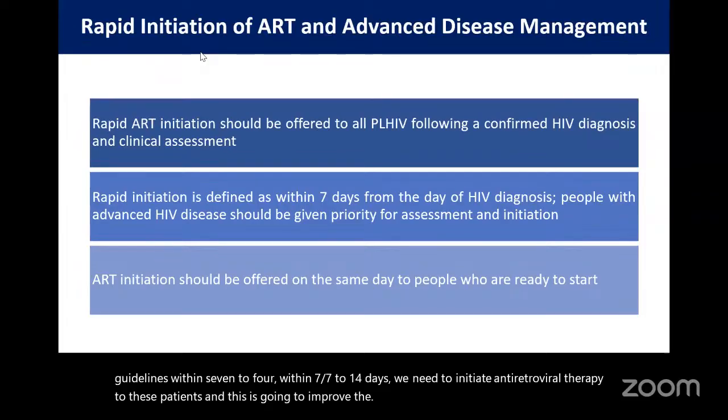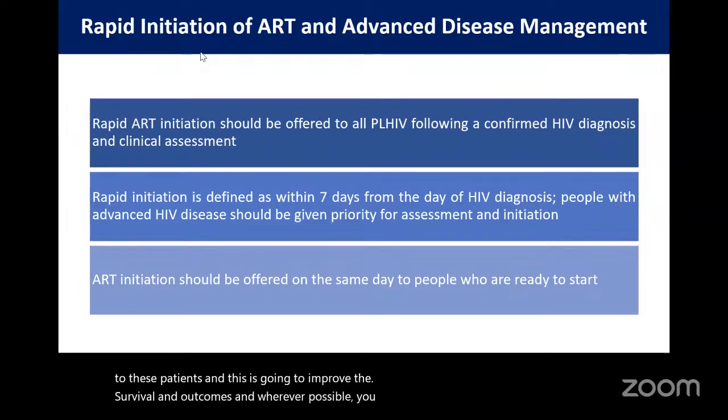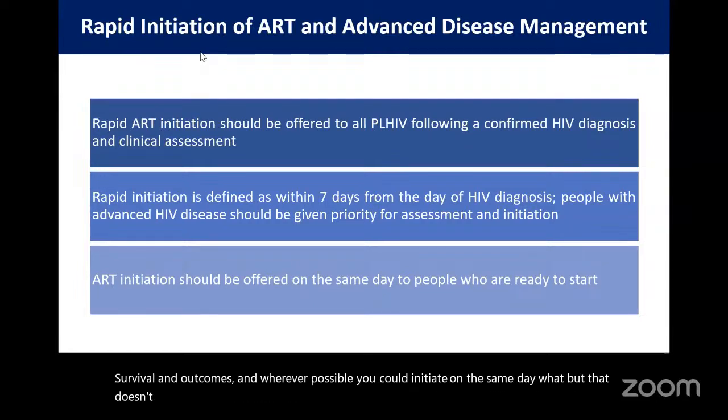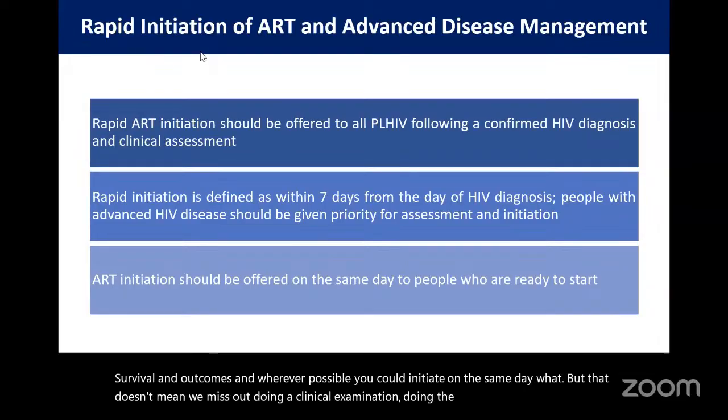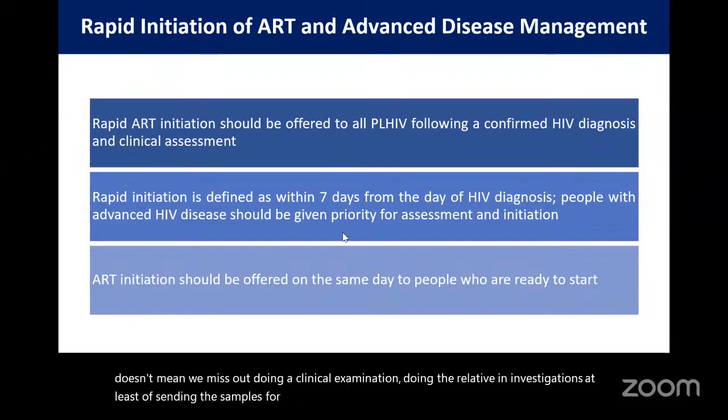And wherever possible, you could initiate on the same day. But that doesn't mean we miss out on doing a clinical examination and the relevant investigations, at least sending the samples for investigations.